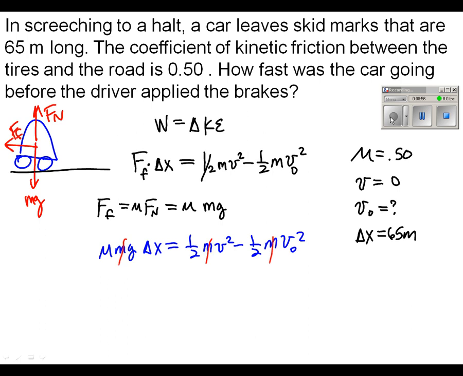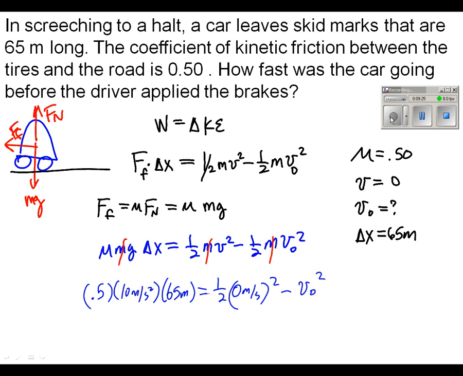We have mu is 0.5, gravity is 10 meters per second squared, our displacement is 65 meters, 1/2, our final velocity is 0, and our initial velocity is what I want to solve for.